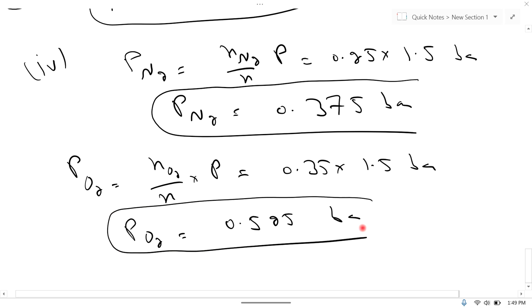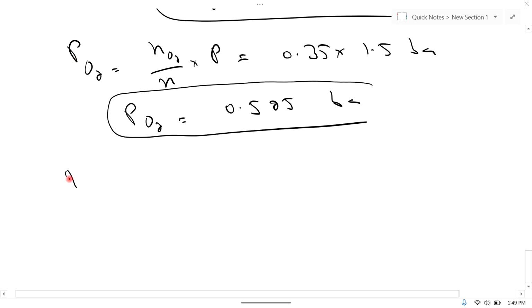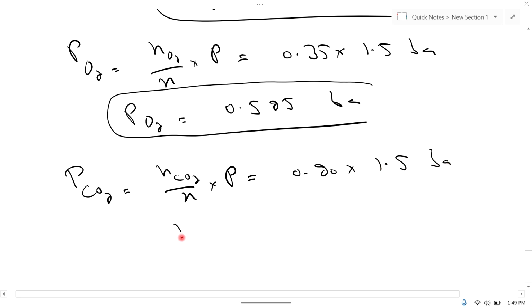Similarly, for carbon dioxide, the molar fraction 0.20 multiplied by the total pressure 1.5 bar gives 0.3 bar.